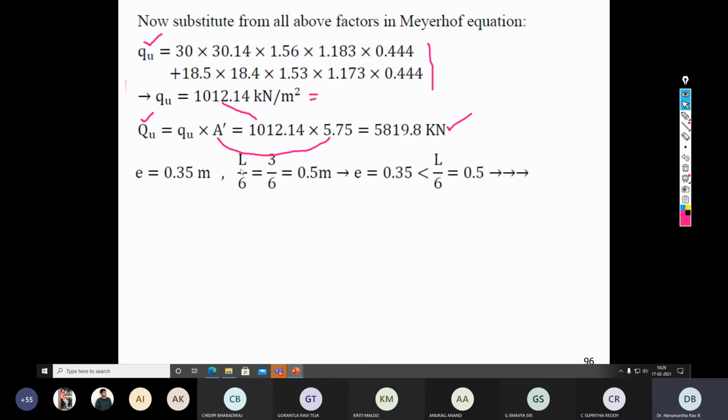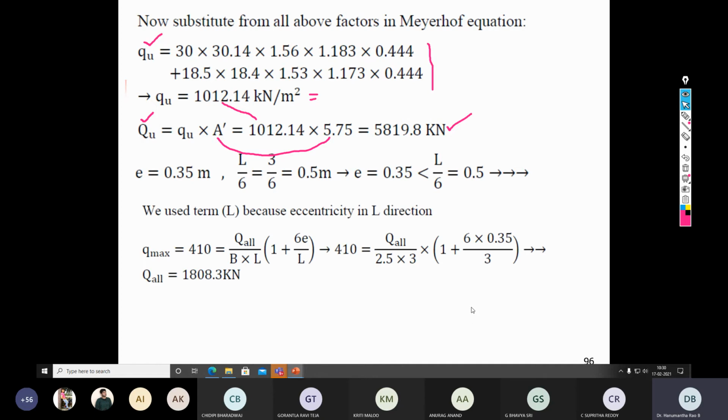In the length direction, L by 6, that is 3 by 6, is 0.5 meter. So 0.35 is less than 0.5, therefore it is complying with the middle third rule. This also indicates that there is no possibility of tension development because the eccentricity is within the middle third.